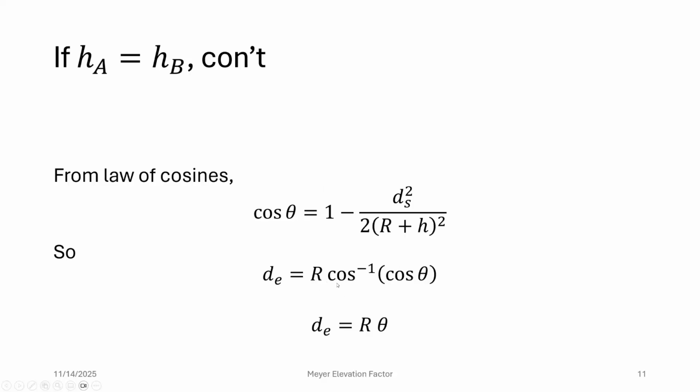That gives us r times the arc cosine of the cosine of theta, which of course is just r theta. So this formula boils down to d equal r theta, the famous formula that gives us the length of a circular arc segment given the radius of the circle and the angle subtended. Once again, we see this formula is nothing weird or exotic. It's just a generalization of d equal r theta.